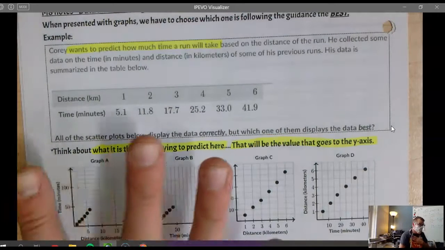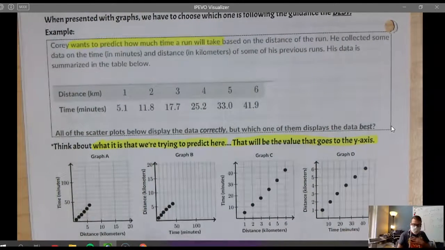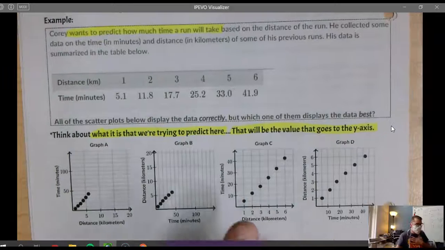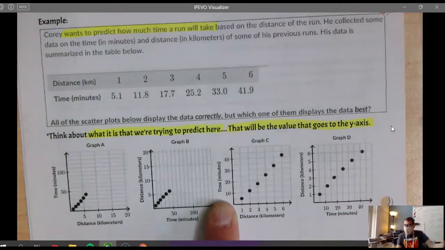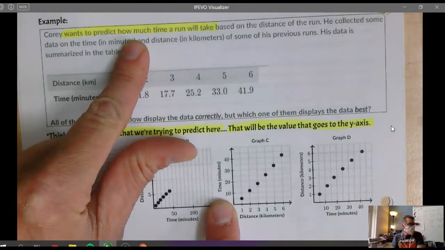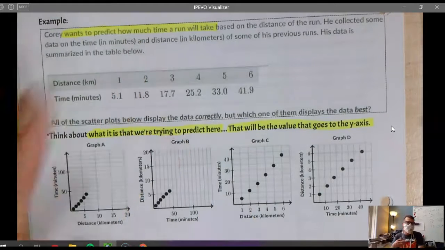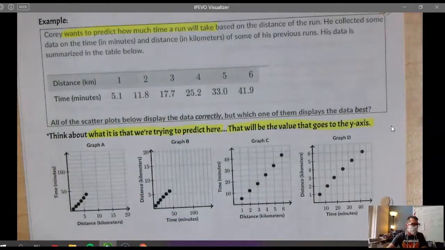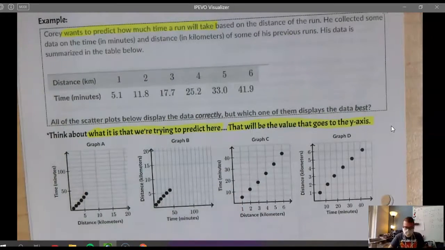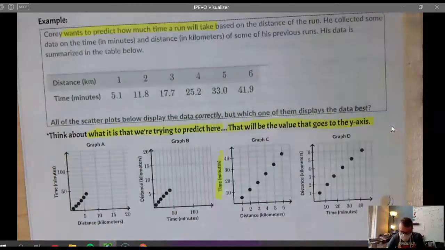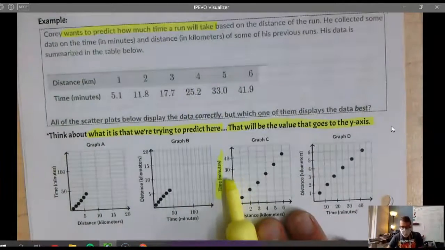I chose this problem on purpose. I don't like when time is on the y-axis. It feels wrong to me. However, as Colin so correctly stated, that is what we're trying to predict. We are going to use the distance we want to travel and predict the time. So since time is the thing getting predicted, it goes on the y-axis.